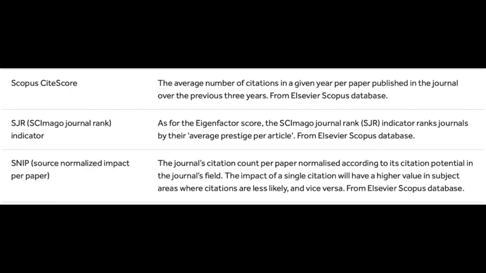And then the SNIP is a source normalized impact per paper. This is the count per paper normalized according to its citation potential in the journal's field. The impact of a single citation will have a higher value in subject areas where citations are less likely and vice versa. So it sounds like there's some heavy data analysis going on to come up with the SNIP.